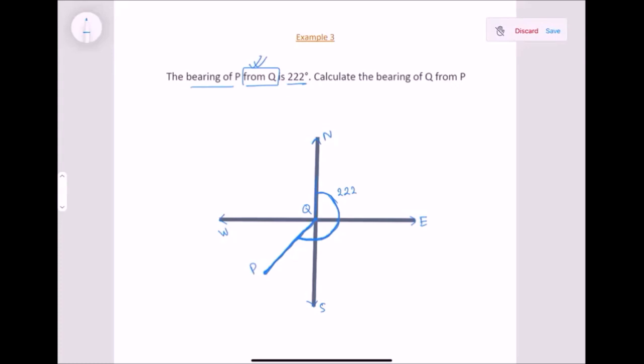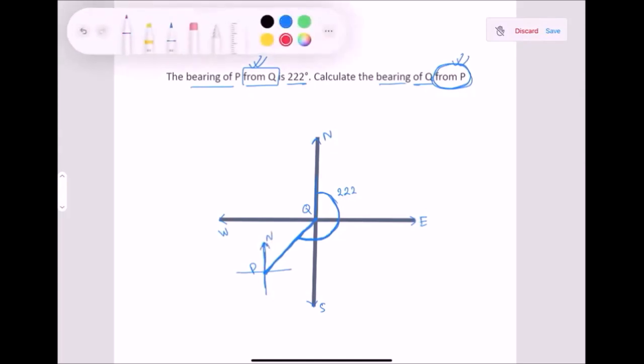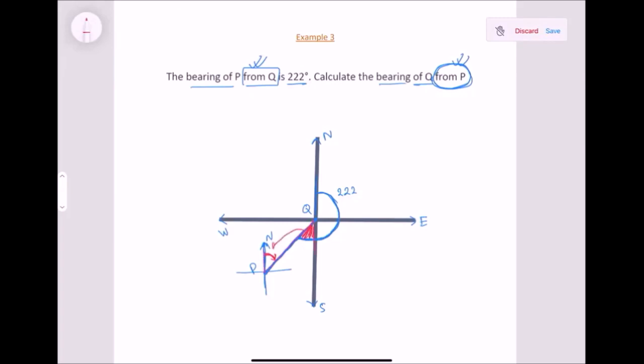And I need to calculate the bearing of Q from P. So now the angle will be calculated at point P. So I need the north-south line at this point P. That's my north line. I need to calculate the bearing from north in a clockwise direction, right? So that's the angle. As you can see, we have the Z here. If we know the value of this angle, then we can just directly shift it here.